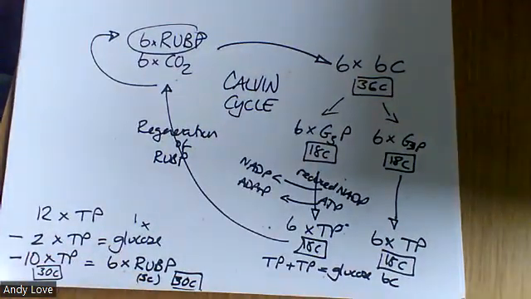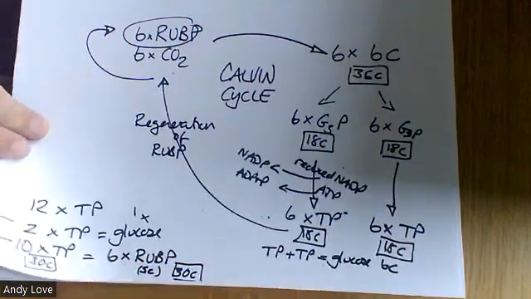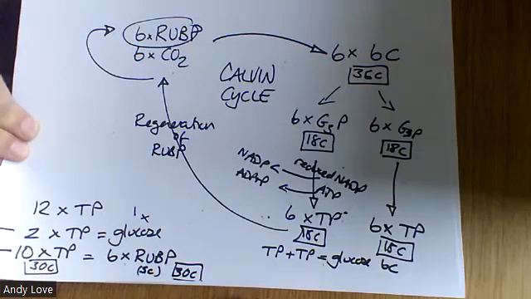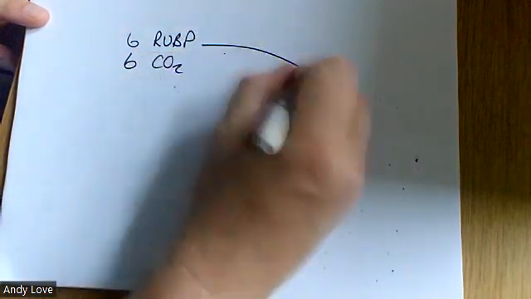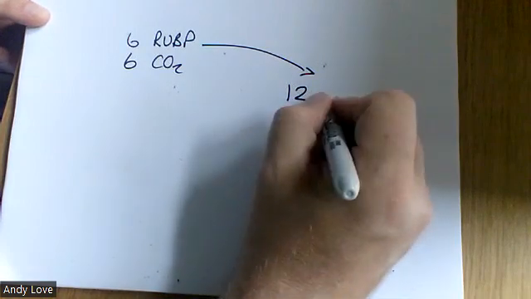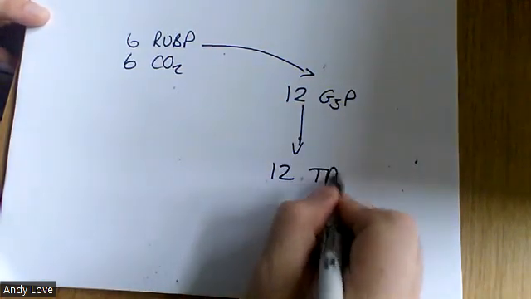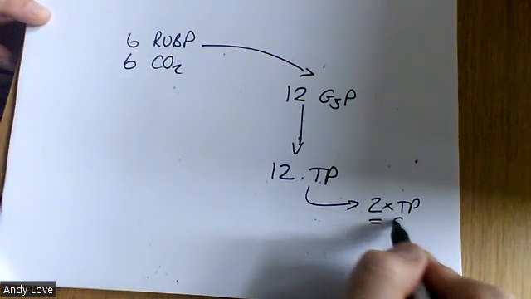And it is a legend of a carbon cycle because it has to go around 6 times, getting a bit dizzy, making 1 molecule of glucose. So let's get it. 6 lots of RUBP join on 6 lots of CO2 to make 12 lots of G3P, which makes 12 lots of TP. 2 lots of TP make glucose.